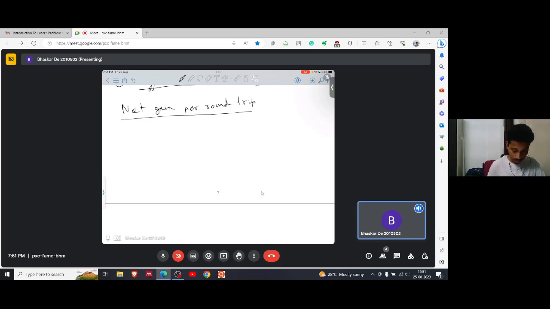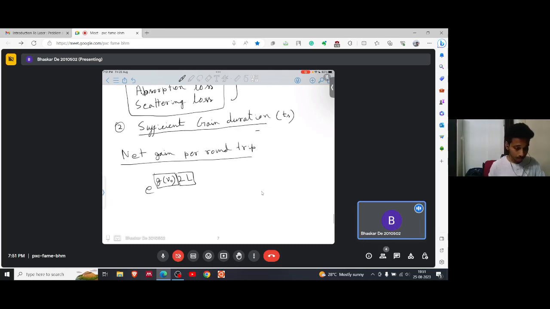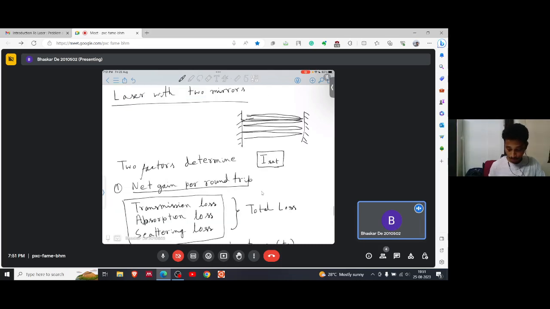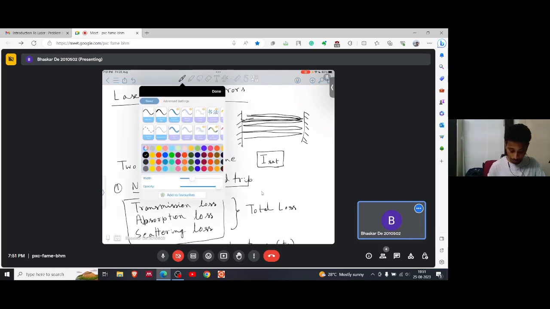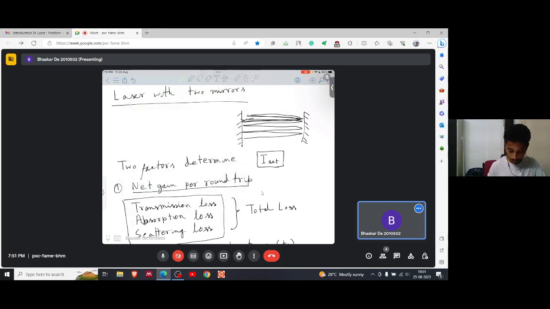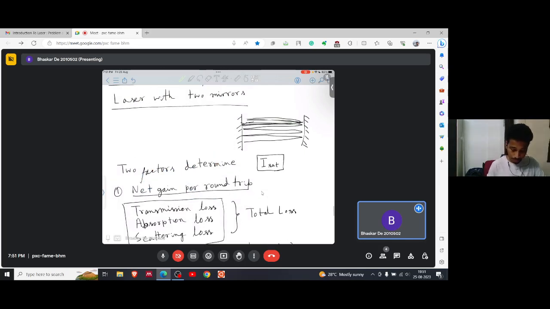So basically that will be G not 2L. So this is the gain factor, and this is the length covered by the beam, 2L, because basically the beam is going here and then coming back.